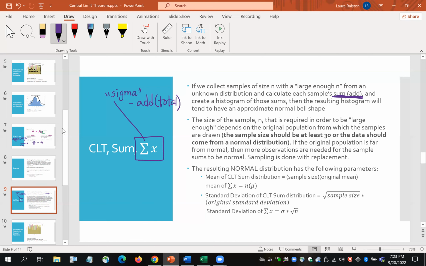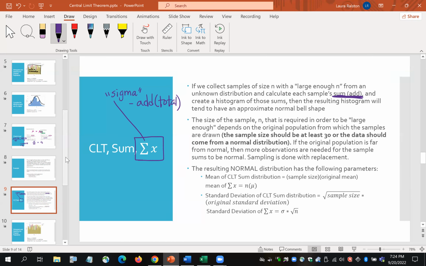And the standard deviation of the central limit theorem sum is the original standard deviation times the square root of the sample size. Okay, so you have different formulas here for calculating the mean and the standard deviation.